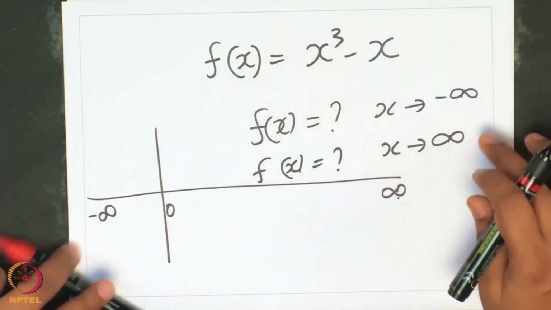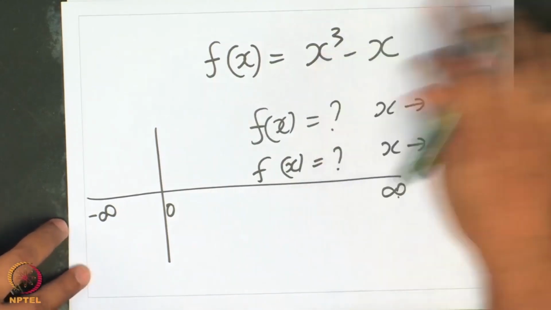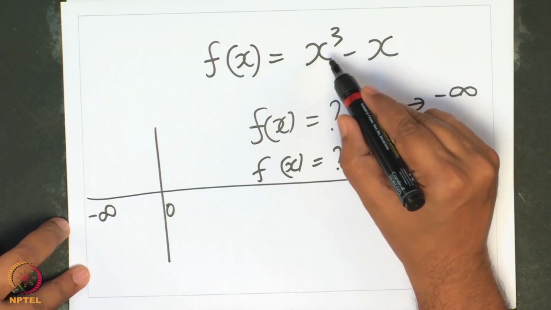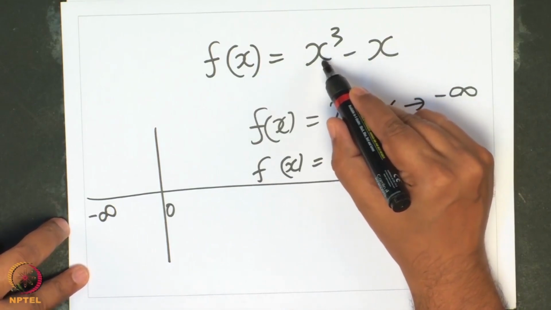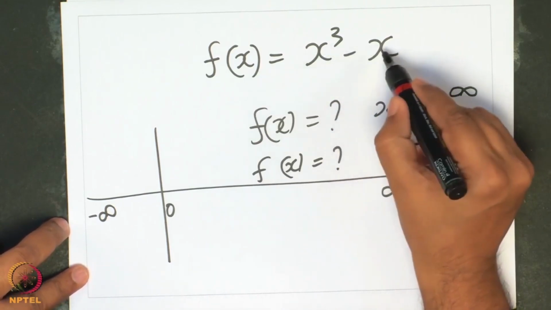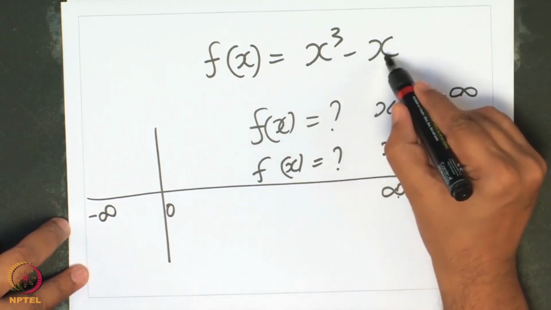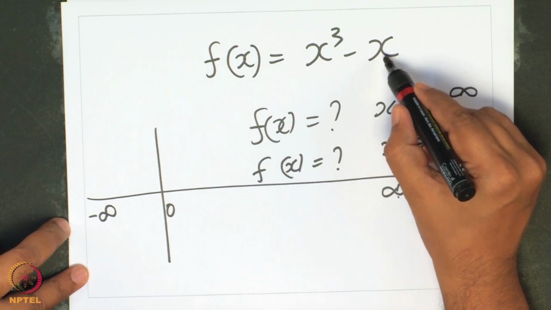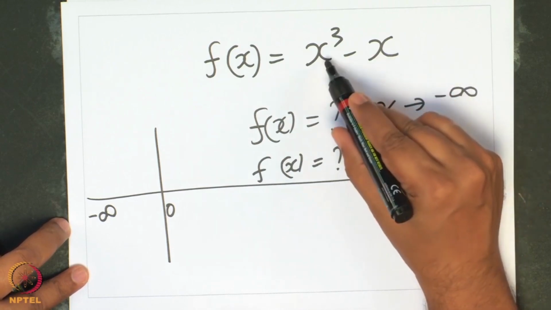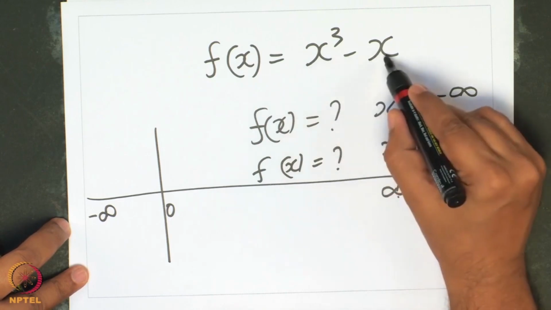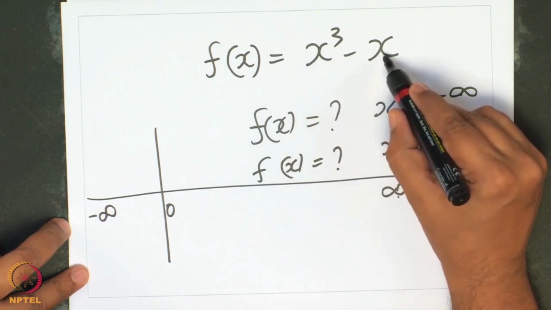If we substitute 1, 1 cube minus 1 is 0. If it is 10, 10 cube minus 10 is 1000 minus 10, which is 990. If it is 100, 100 cube minus 100 is a very large number.